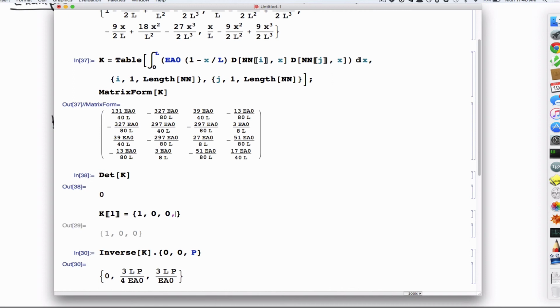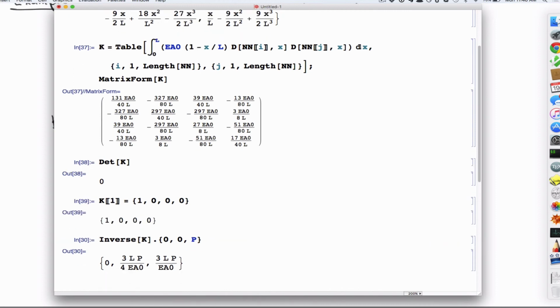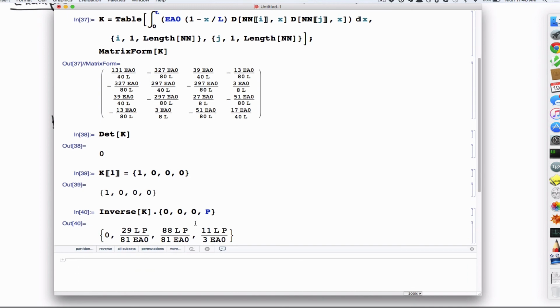We modify the first row. And so then we can go on getting a more and more accurate profile, right?